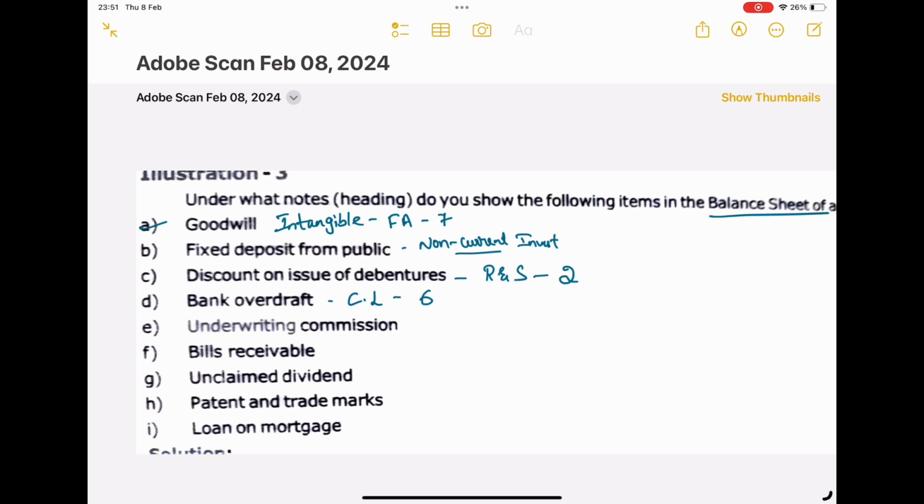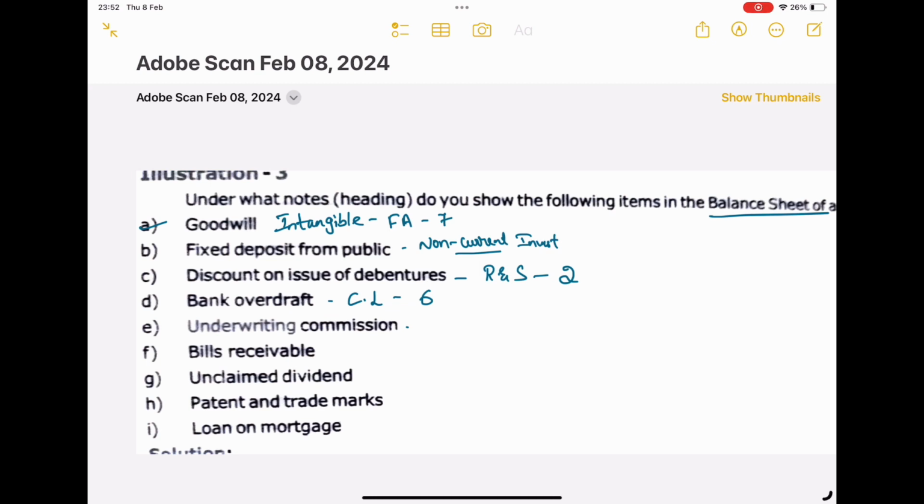Next, underwriting commission. Like underwriting commission, if it is clearly mentioned as paid or received, if anything has been precisely mentioned, then it will come under the income statement of a particular company.